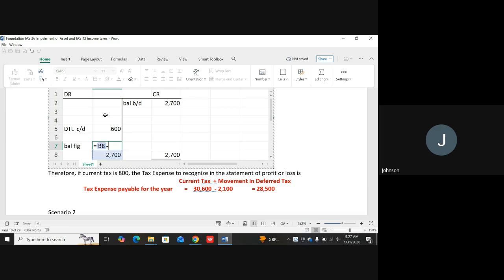It could be 50 transactions listed down like that. So you say minus sum, open your brackets, select everything that is inside the debit box, close your bracket, and click enter, and it gives you what the answer should be. Are we together?